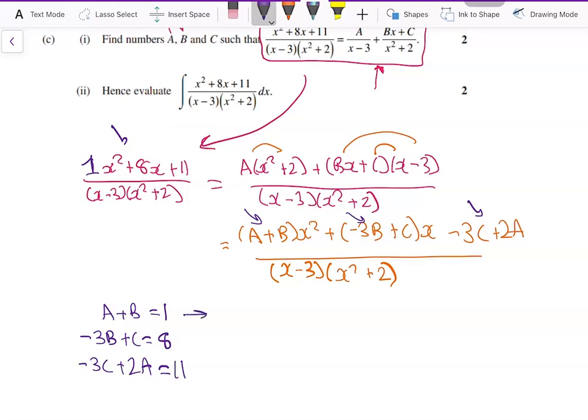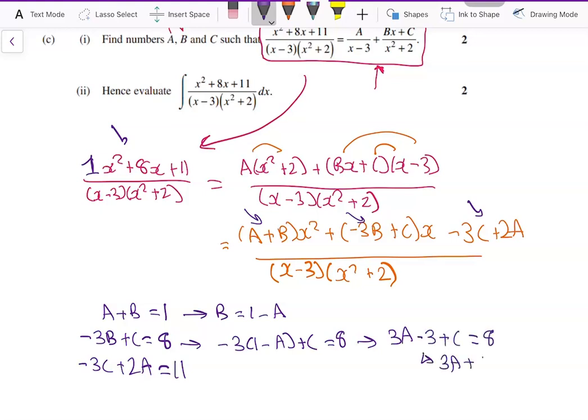So we can write b as equal to 1 minus a, which means here we have minus 3 times (1 minus a) plus c equals 8. And this means 3a minus 3 plus c equals 8. This means 3a plus c equals 11.